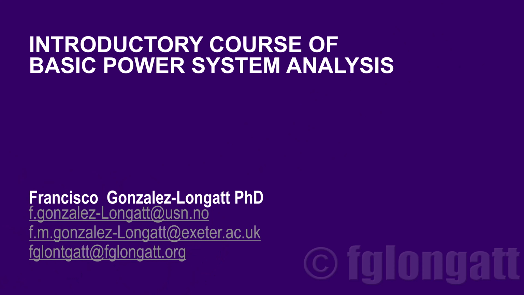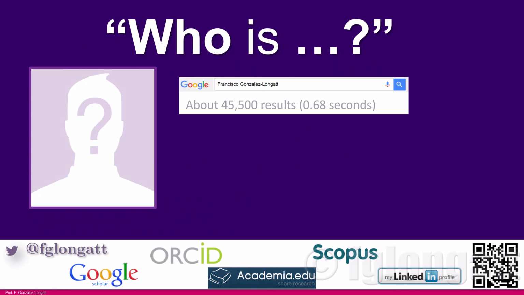But before we start with the introduction of this course, probably you are wondering, who is this person? The best way to characterize a person is going to Google. If you put my name over there, you will find more than 45,000 results.